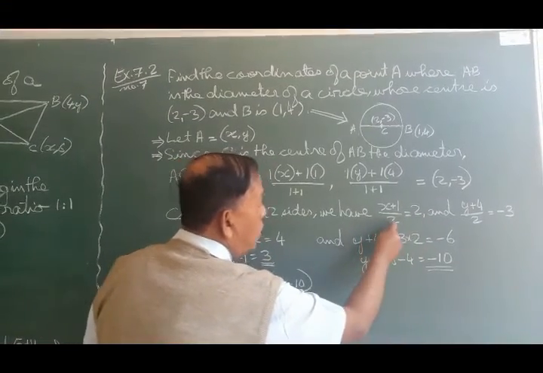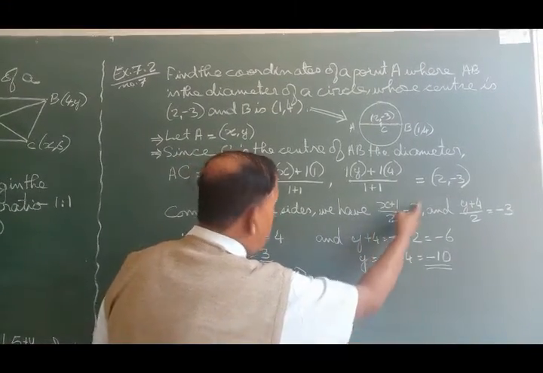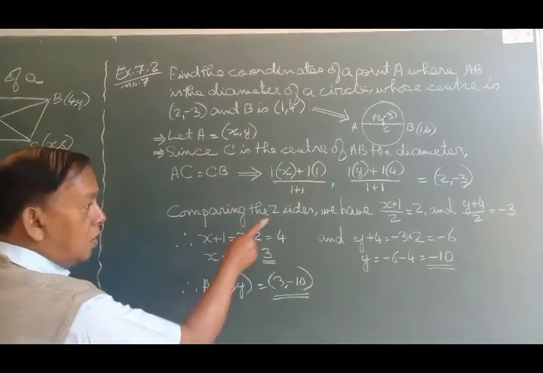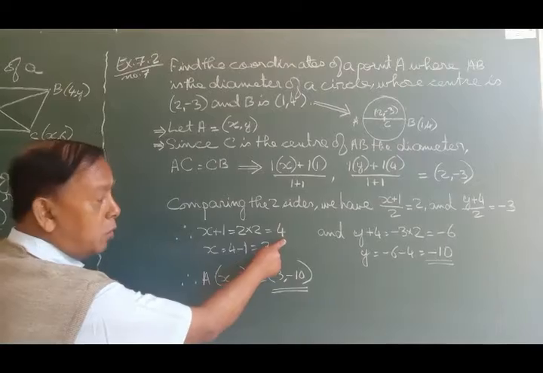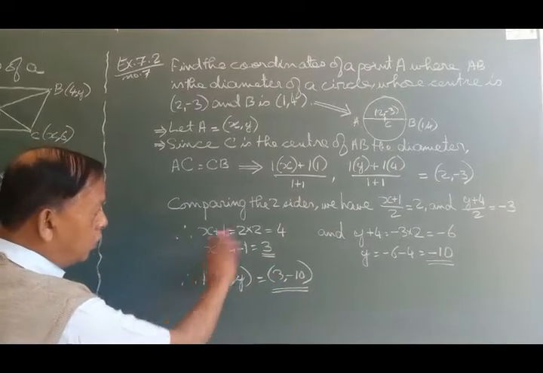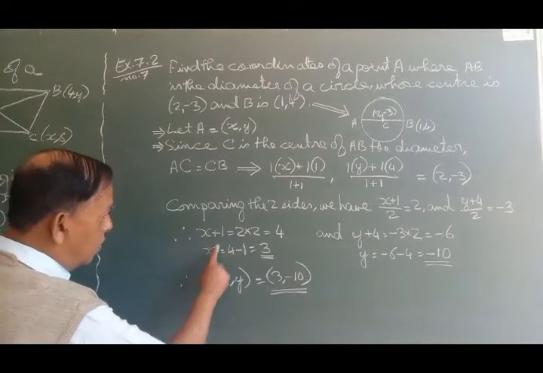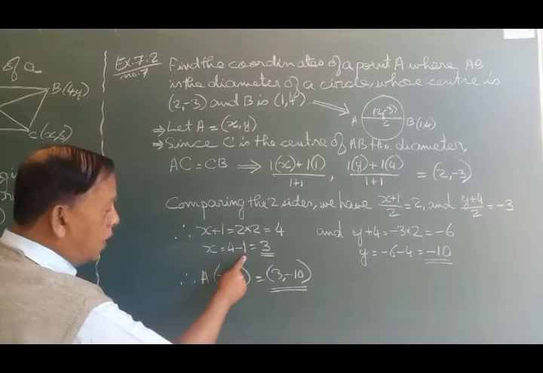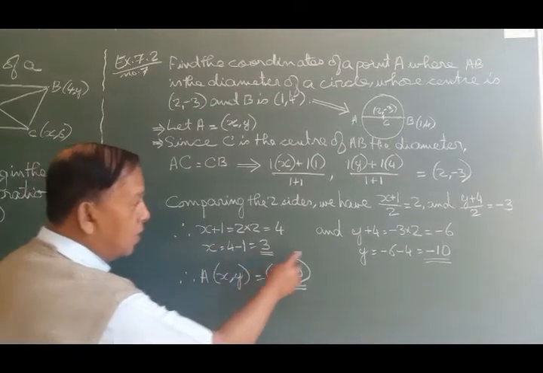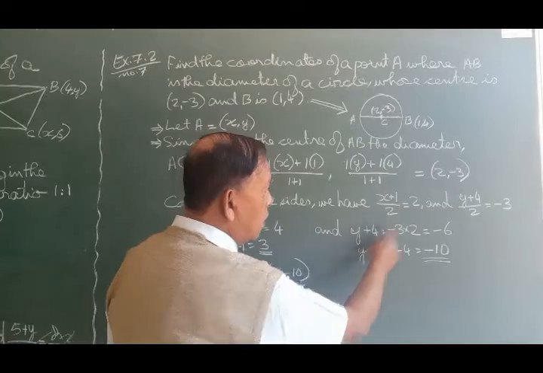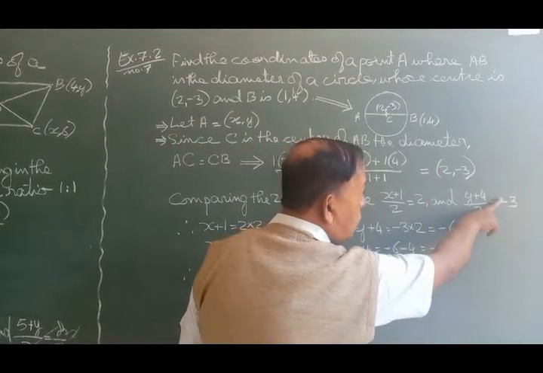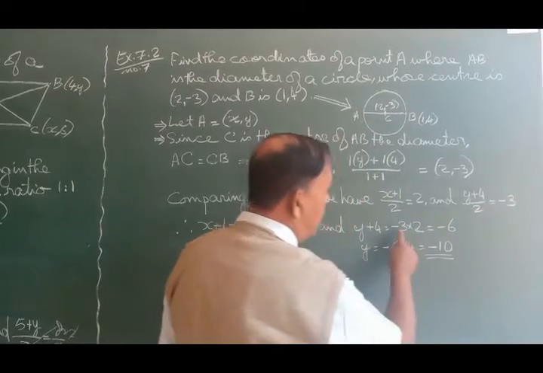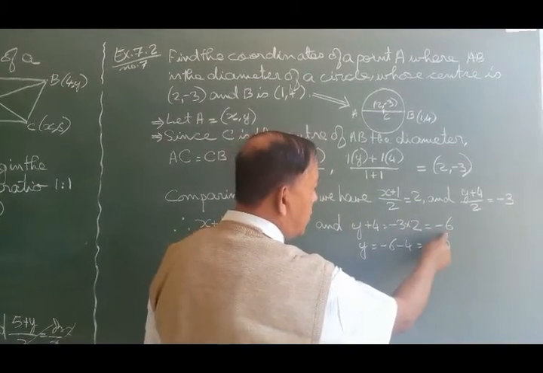Let us take the first one. We do a cross multiplication to remove the fraction. 2 into 2 is equal to 4, and then we compare that. Now you transfer: 1 is taken from here, therefore x is equal to 4 minus 1, which is 3. Second one, y plus 4 upon 2 is equal to minus 3. Here also we have a fraction, so we cross multiply. 2 into minus 3 is equal to minus 6.